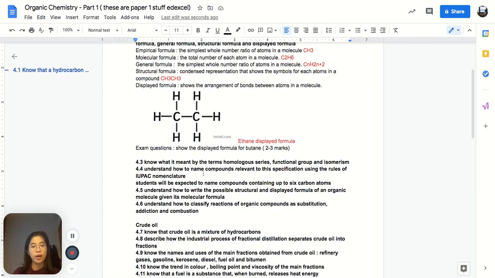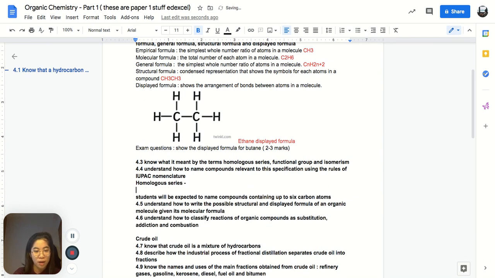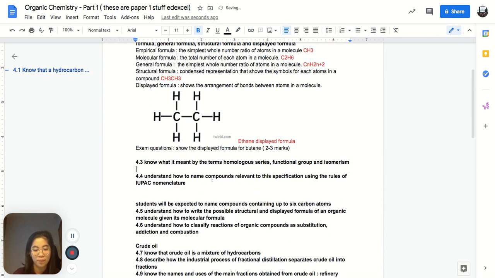So the next big point is also another definition. You just gotta memorize it, and I'm so sorry you gotta memorize it, but it is what it is. So spec point number 3 is know what is meant by homologous series, functional group, and isomers. Okay.